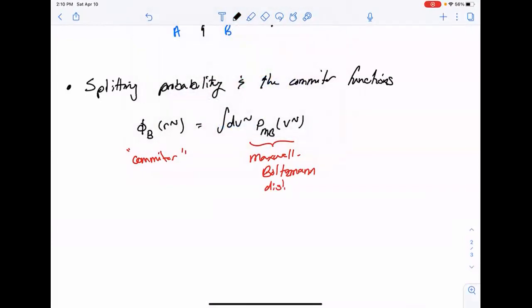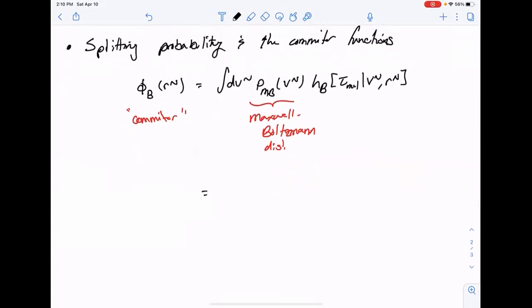And what it averages is our step function, which will depend on the specific realization of the velocities, the specific configuration I'm starting on, and will be propagated some short time, tau mol. So this function, h_B, a binary variable, gives us 1, as we've defined previously, if in basin B, 0 else.